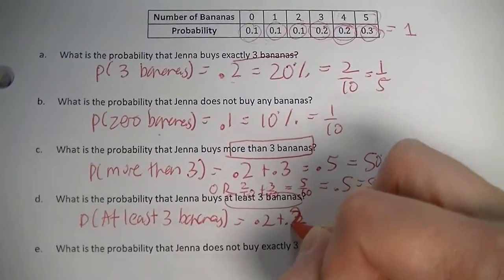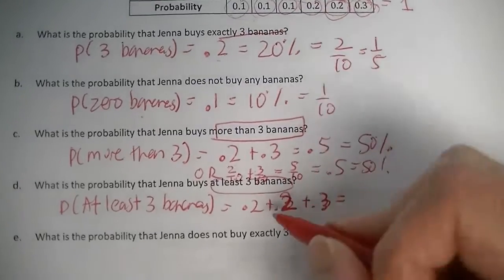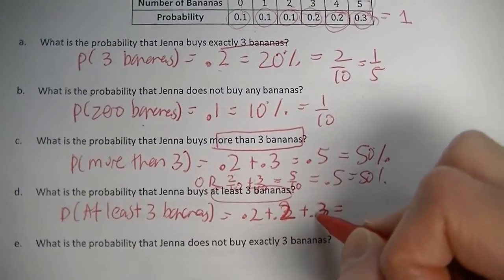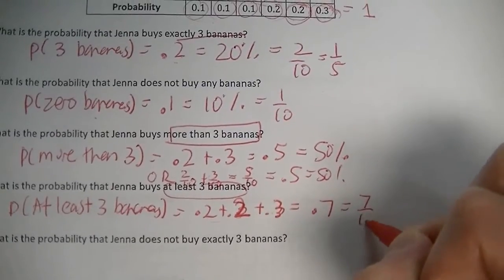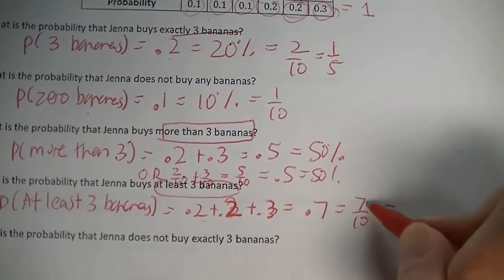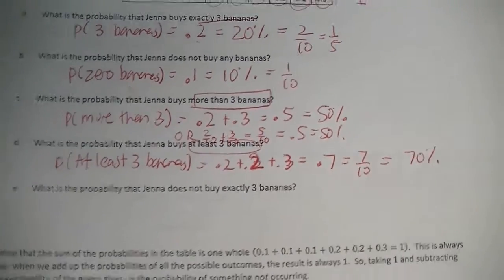That's 4/10 plus another 3/10, which gives me 7/10. Which also equals 7 divided by 10, or 0.7, which is 70%, okay?